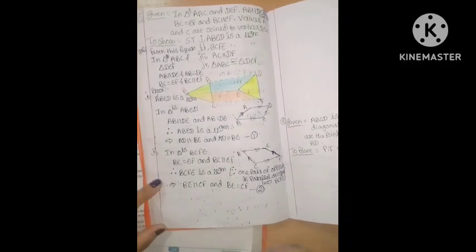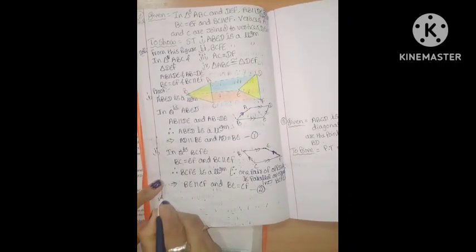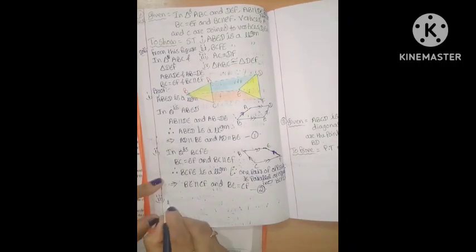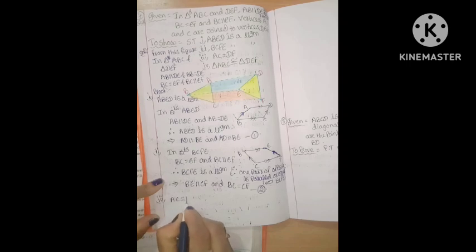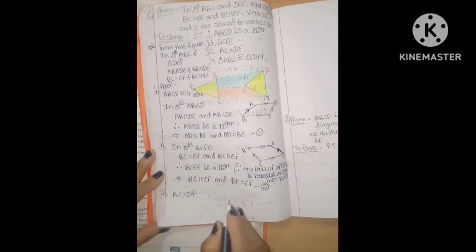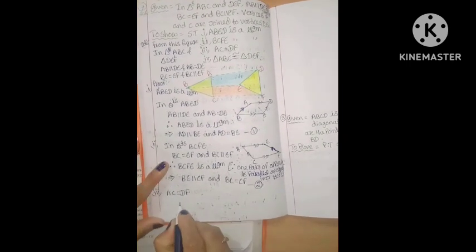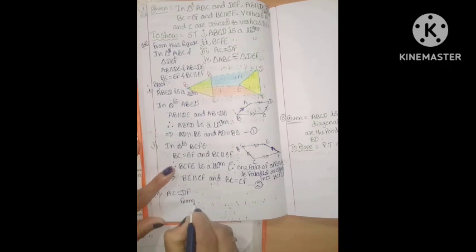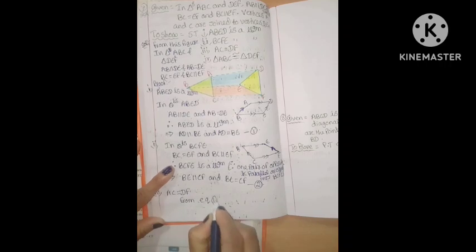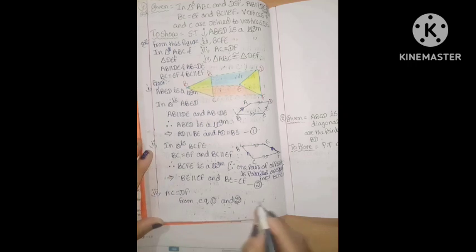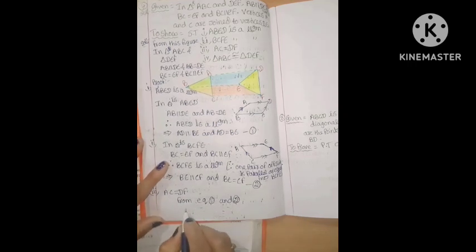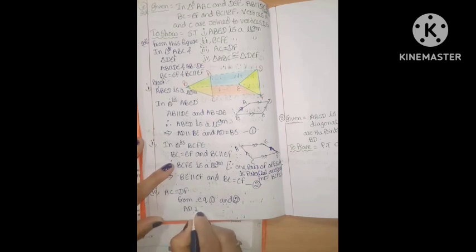Next, the third question. AC equal to DF. How will you show that? From equation number 1 and 2 we will get it. What is equation number 1? AD equal to BE.